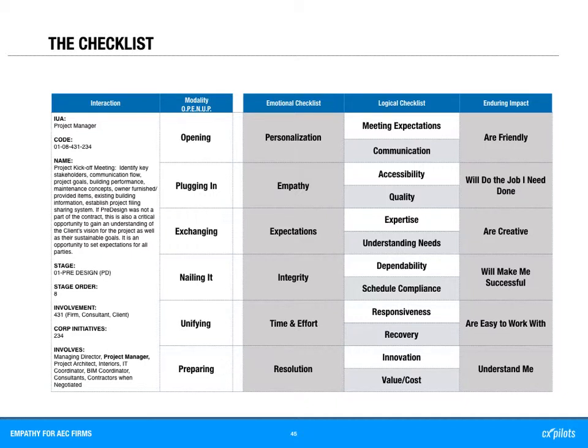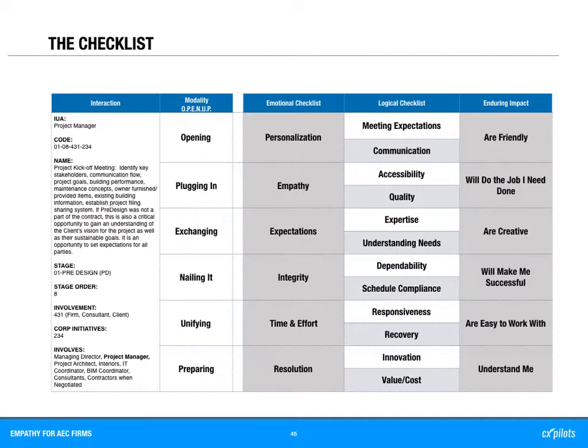So up here you see the project manager is thinking through a kickoff meeting. They're going through pre-design. These are the different people involved in this. It involves a lot of different internal roles. How am I opening up? How am I plugging in?